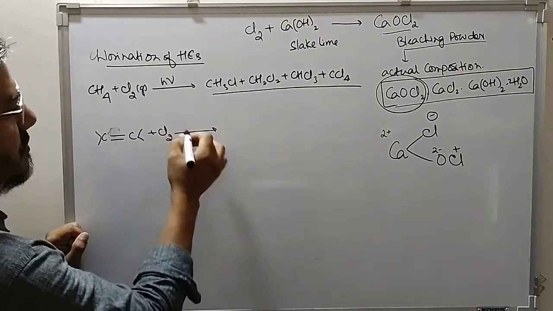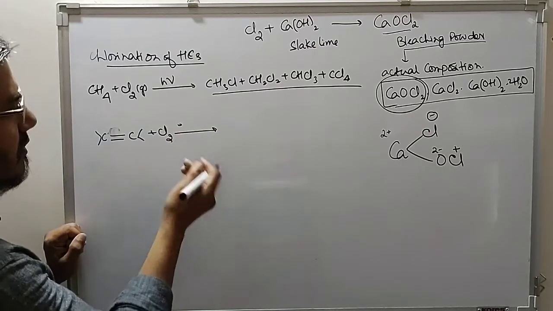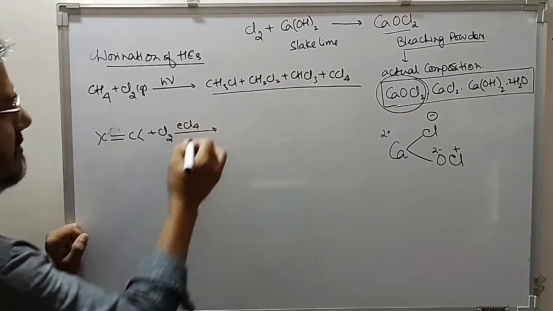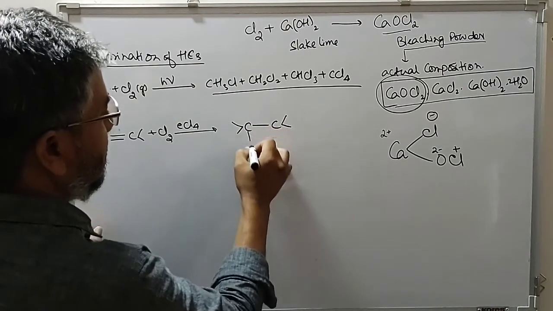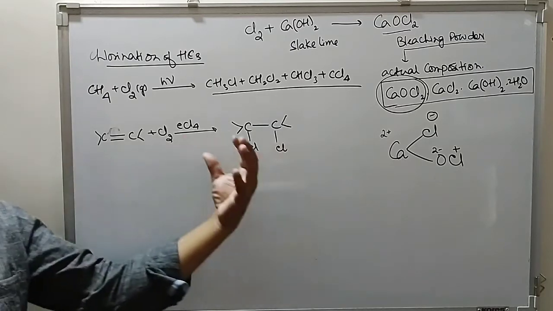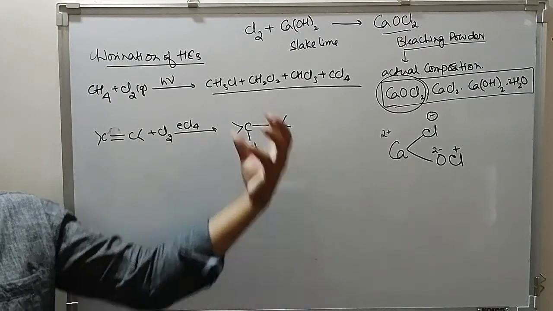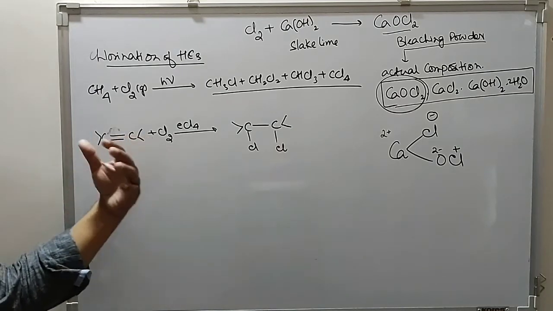Similarly, alkenes also react with chlorine in the presence of CCl4 as a medium. This gives you addition compounds. So this chlorine is used for chlorination of hydrocarbons.